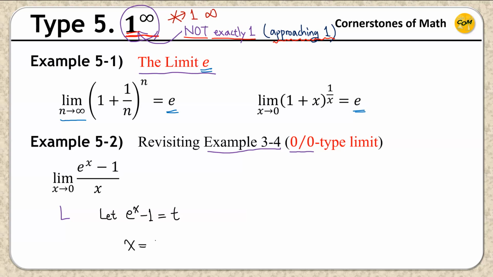The trick is to make a substitution e to the power of x minus 1 equals t. Then x is given as ln 1 plus t, and as x approaches 0, you can notice that t also approaches 0.